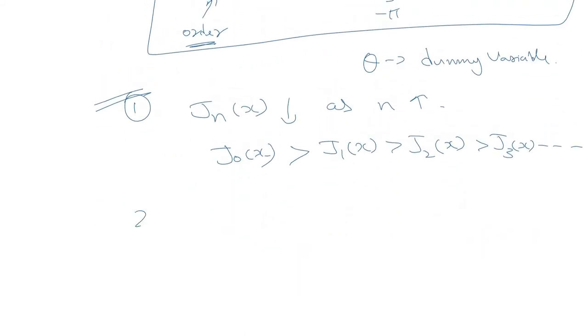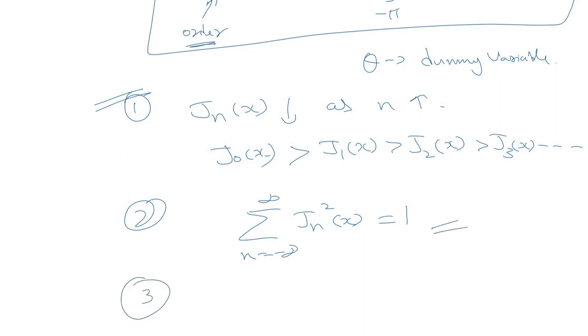The second property of the Bessel function says that the summation of the square of all the coefficients is equal to 1. This is the second property. And the third property is that the Bessel function is always a real quantity.